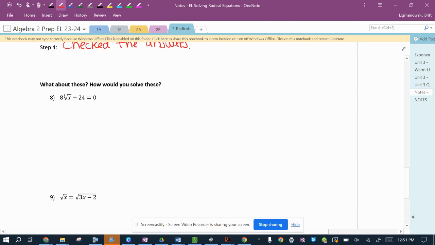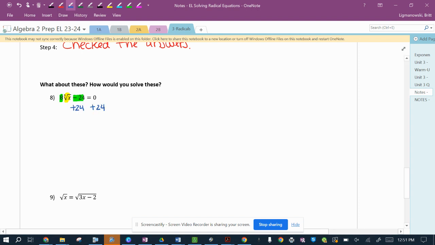All right, we're going to go over 2 more problems. So in this problem, we have a cube root or a raíz cúbica. And we want to get that alone. So that means I want to get rid of this negative 24 and this 8 here. So first we're always going to add or subtract.